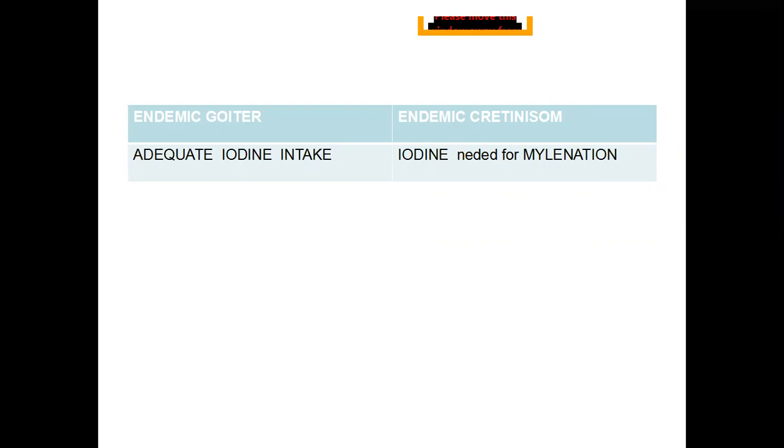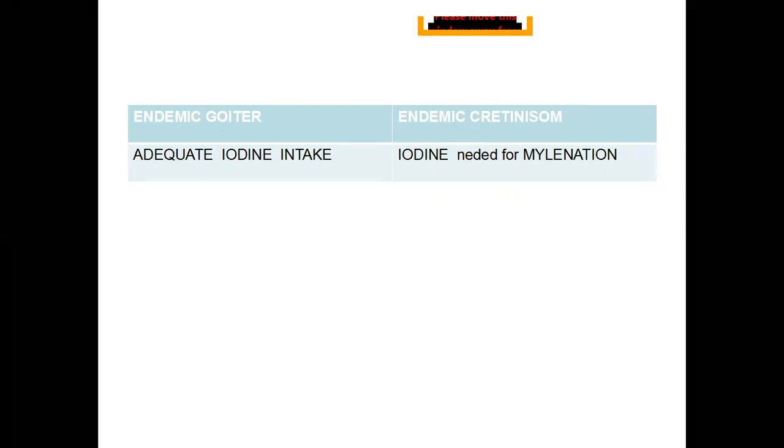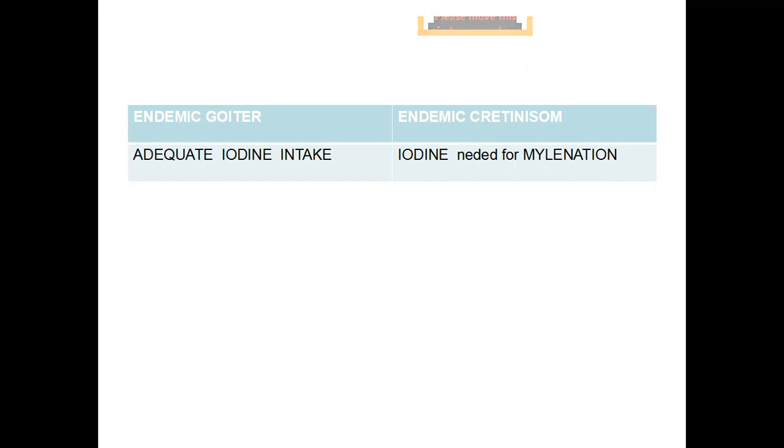When a pregnant lady is having hypothyroidism, or lives in an endemic goiter area, we need to regulate the thyroid hormone levels in the pregnant lady, which is very much needed, because iodine is needed for the myelination of CNS neurons. So in endemic areas, iodine is very deficient in food and water.